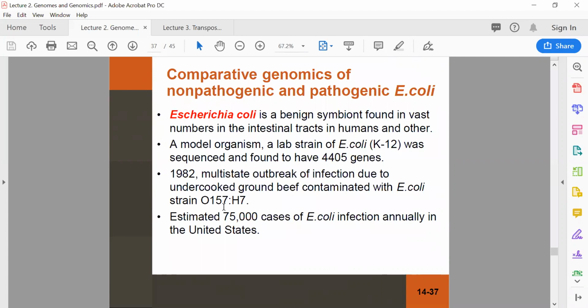And this particular disease is actually the principal cause of kidney failure in the US, with an estimated 75,000 cases of E. coli reported annually. Okay, so let's think about what the difference is between just a normal, harmless strain of E. coli, and this pathogenic E. coli O157:H7.